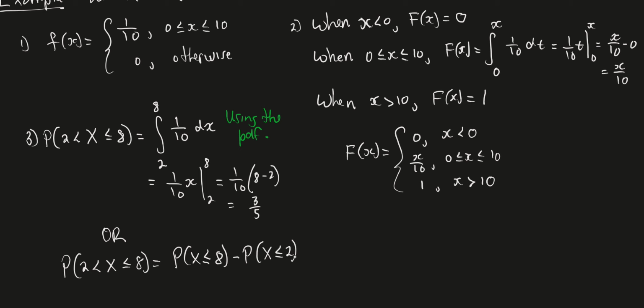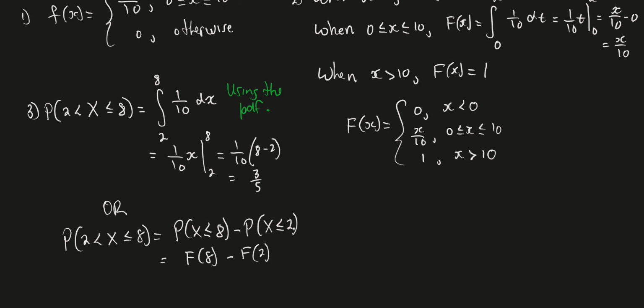Because I don't want x to be less than or equal to 2. I want it to be greater than 2, but less than or equal to 8. So this, by definition, is big F of 8 minus, again by definition, big F of 2.